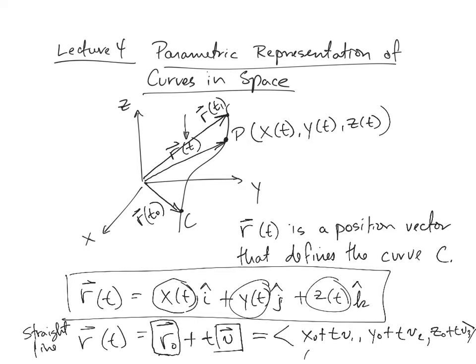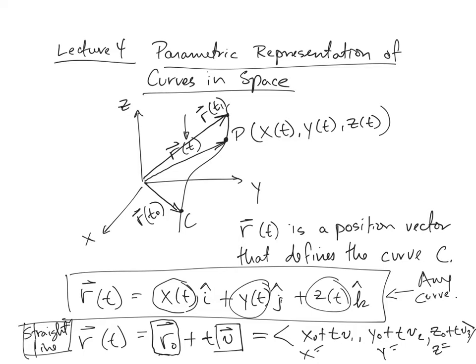So x equal to this, y equal to this, z equal to that. Those were our parametric equations for the straight line that we did in the last couple of lectures. We could write them in this form to get a position vector for the straight line. This part here is all for the straight line, but in general, this is for any curve. Okay, any questions?